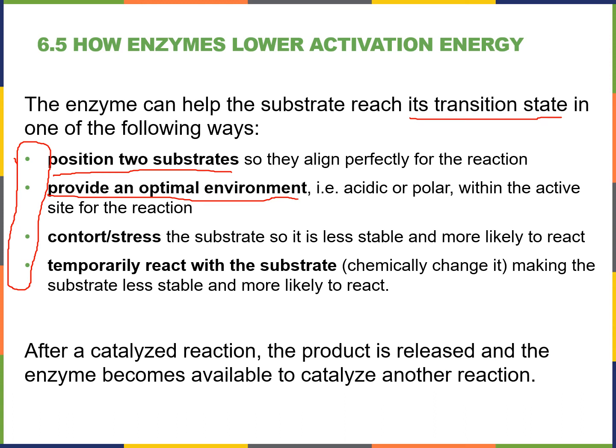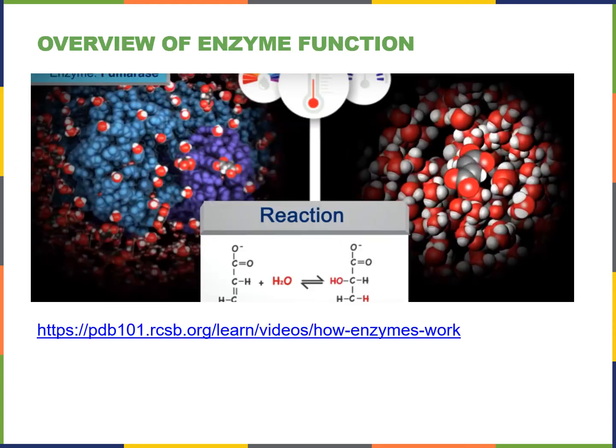It contorts and stresses the substrate so it's less stable and more likely to react. And finally, it temporarily reacts with the substrate. So it chemically changes it, it chemically modifies it, making the substrate less stable and more likely to react. After a catalyzed reaction, the product is released and the enzyme becomes available to catalyze another reaction.